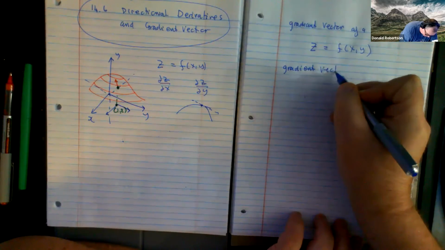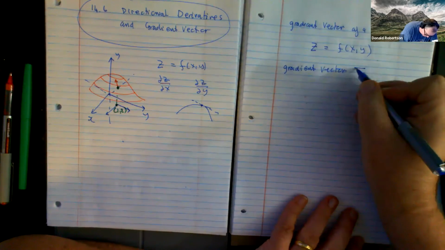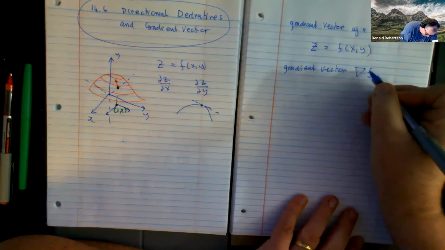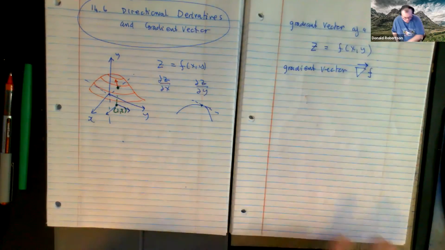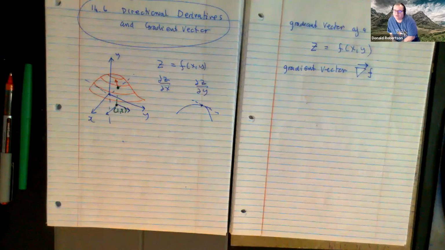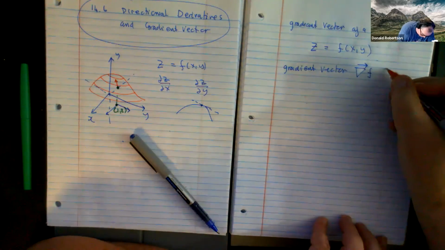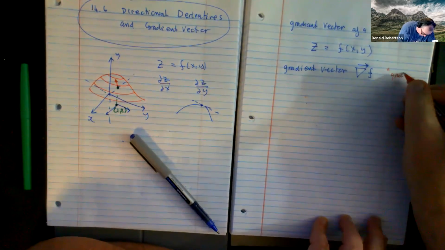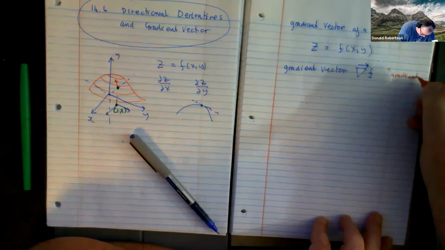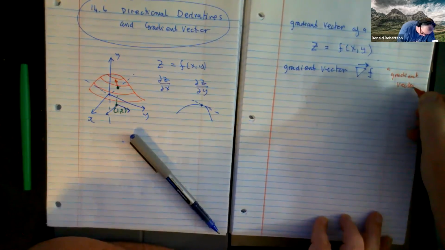The gradient vector is typically written like that. It's an upside down triangle, and you just say "grad f." That's typically what people say out loud. And that's the notation for a gradient vector.